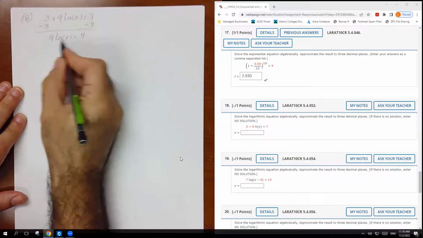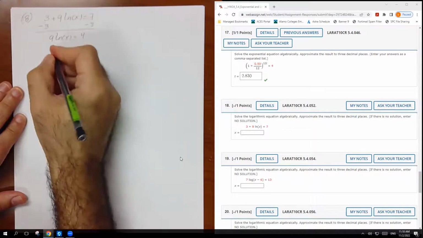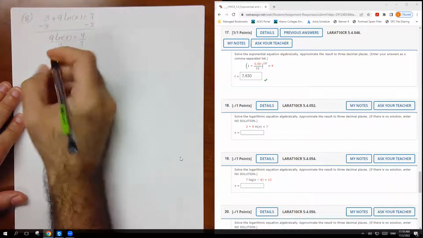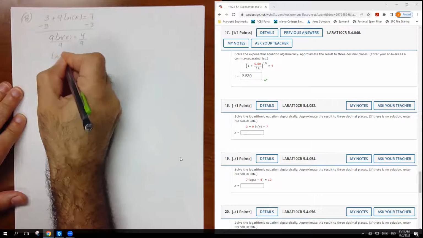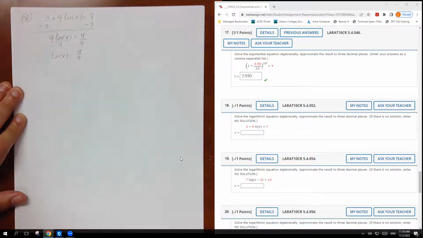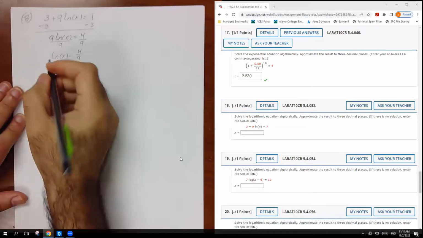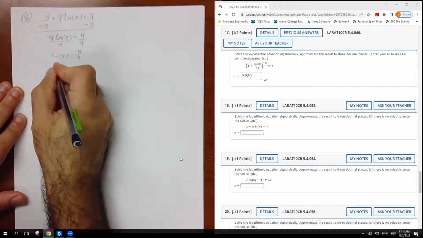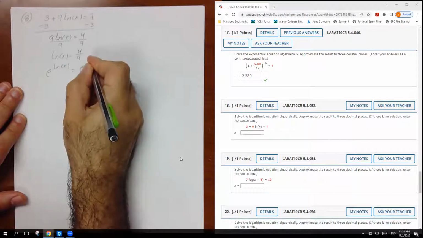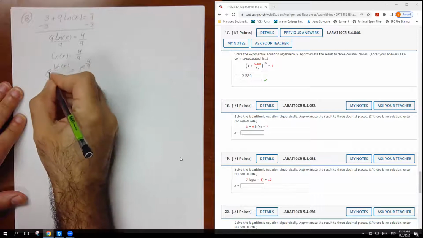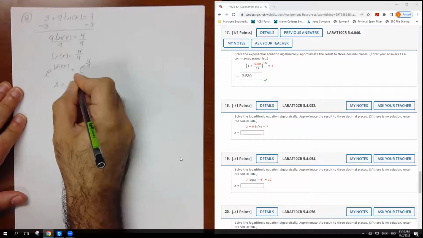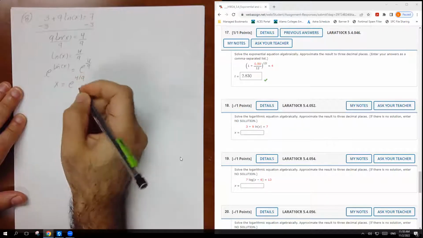Then I need to keep the x by itself. That means ln x. So divide both sides by 9. So it's going to be ln x equal 4 over 9. Then take e to both sides. Cancel these. So x is going to be equal the exponential function 4 divided by 9.